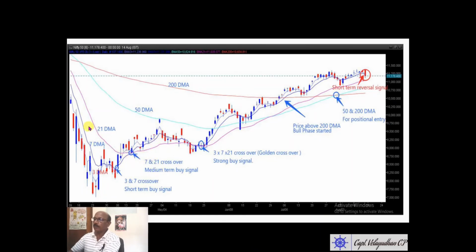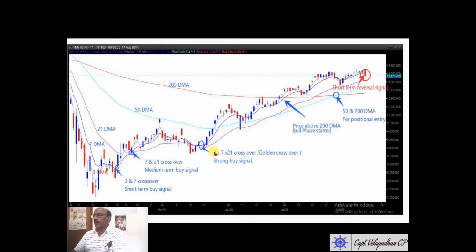Here the 21 period moving average and the 7 period moving average crossed again. So here it got another buy signal. The buy signal continued all the way here till it crossed back here. Here again, the 3 period, 7 period and 21 period, all three together crossed over.